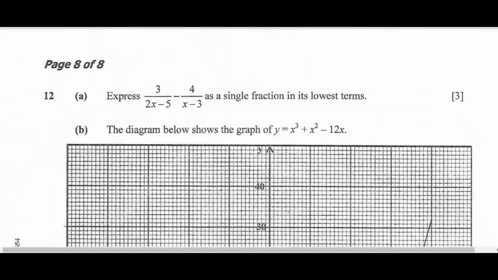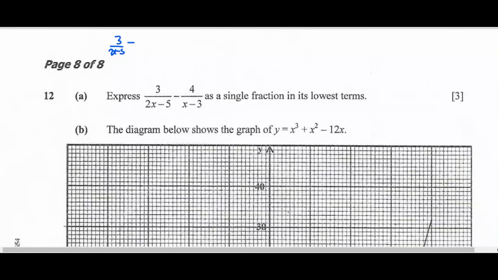Express 3 over 2x minus 5 minus 4 over x minus 3 as a single fraction in its lowest terms. So we have two fractions and we want to combine the two to make a single fraction. So let's begin.